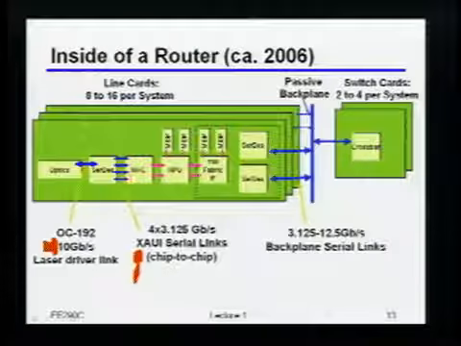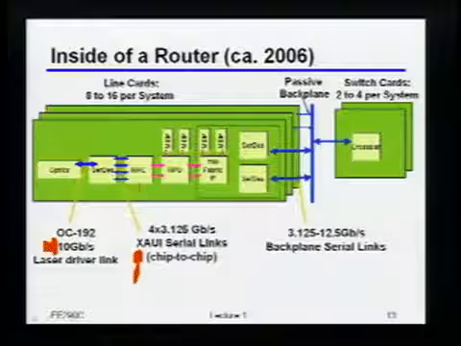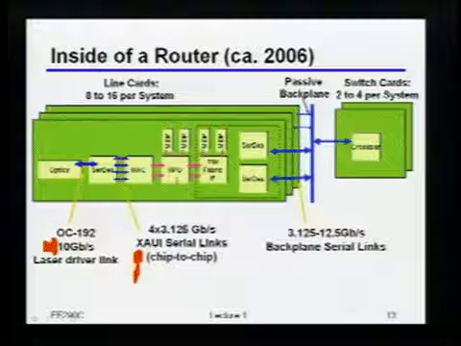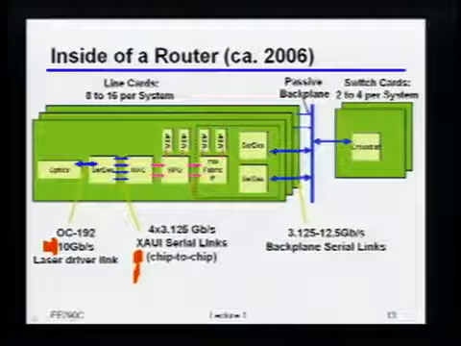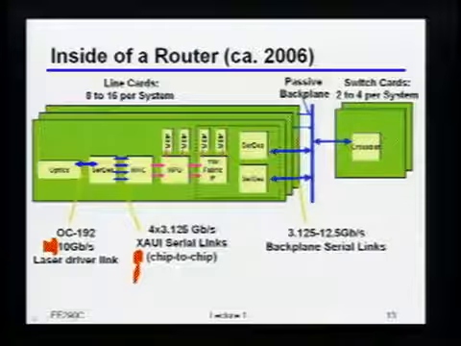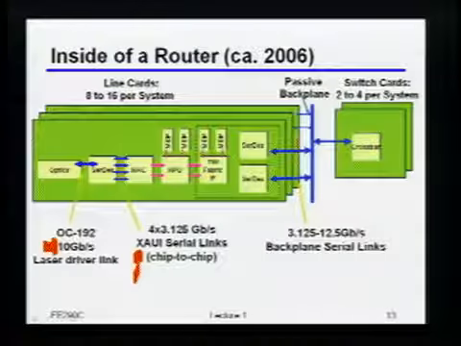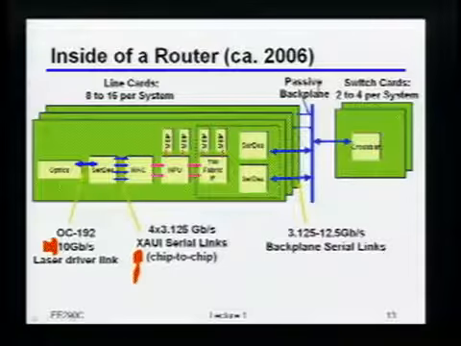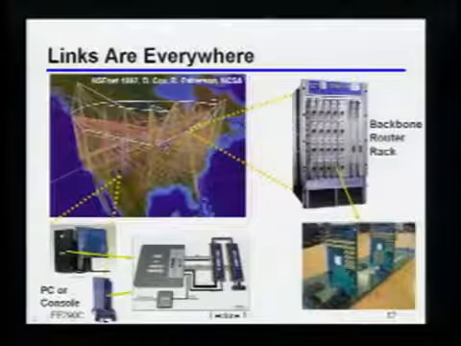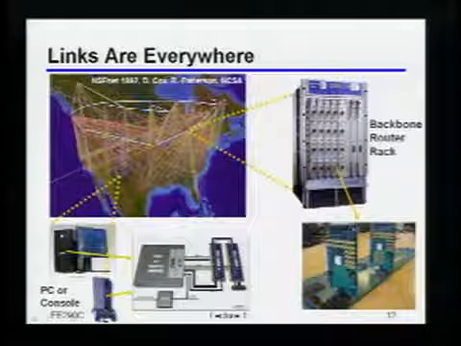From there, you have to do all kinds of media access processing and network processing, figuring out where these bits are actually supposed to go, what the actual other line card or switch card is that I want to talk to. And then from there you go out into what's called the passive backplane. Okay. The passive backplane is just this big board sitting over here.